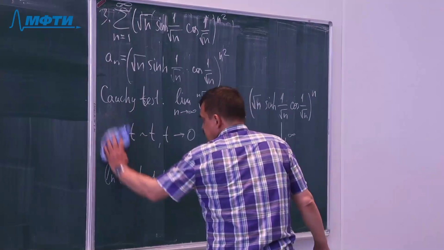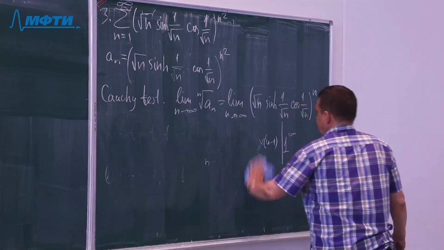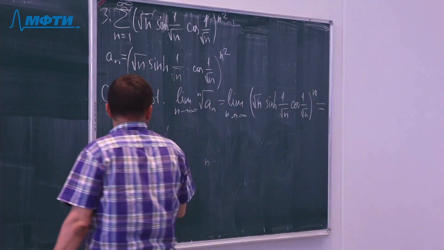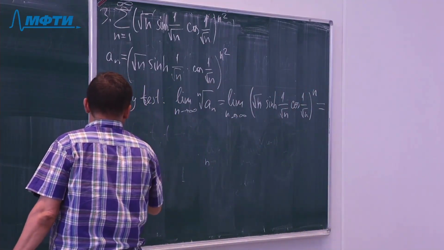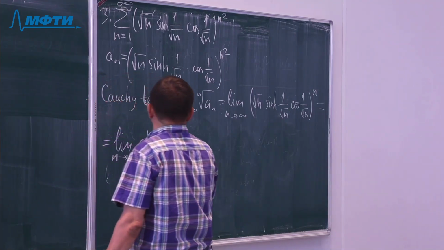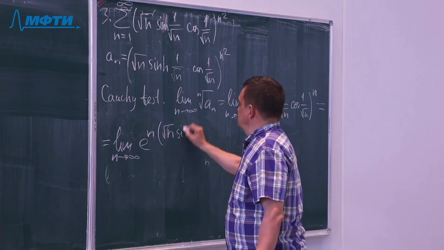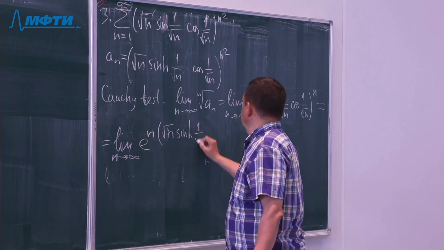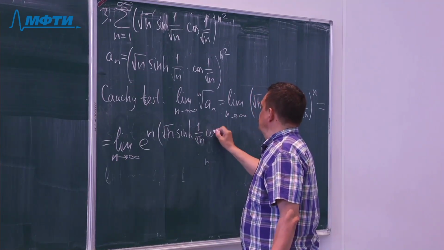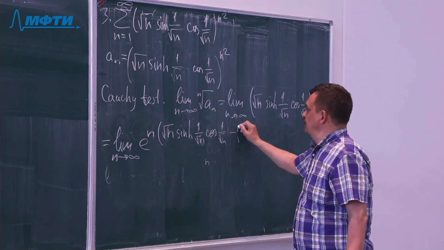Okay, I can erase these things. So we can continue the calculations as follows. E to the power n times square root of n, sine hyperbolic 1 over square root of n times cosine 1 over square root of n minus 1.